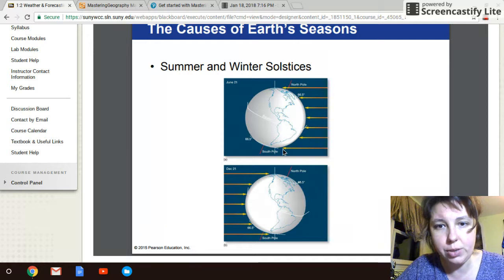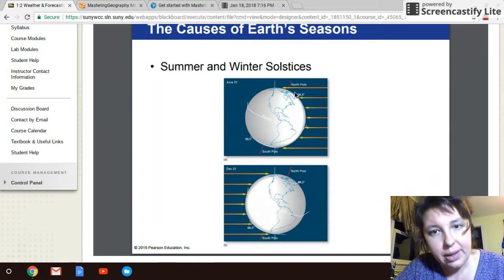So winter and summer solstice right here, you can see that our most direct sunlight is actually in our northern hemisphere, which means that this is considered the circle of illumination, this little line here that I'm using my arrow to outline. That means that anything at 66.5 degrees north latitude up is plunged into 24 hours of daylight in this image.